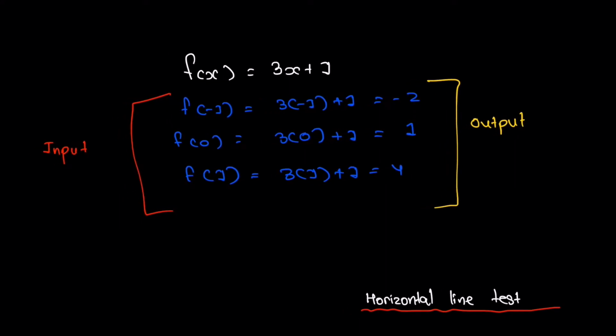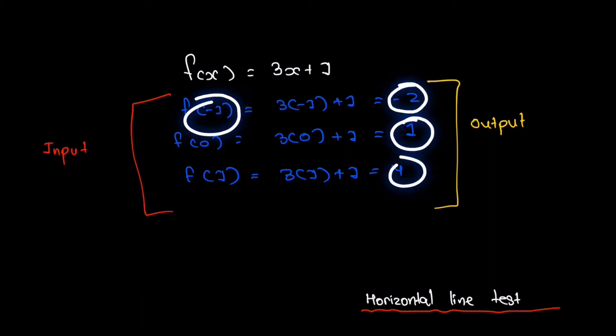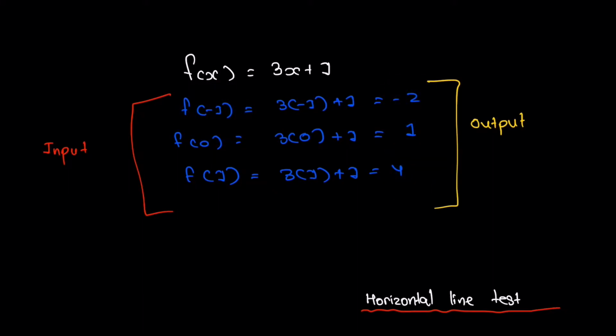Now, a function is one-to-one when every different input value has its own unique output value. You can see that all of these input values are different: negative 1, 0, and 1 are all different numbers. And their output values are also unique to them: negative 2, 1, and 4 are also different numbers.